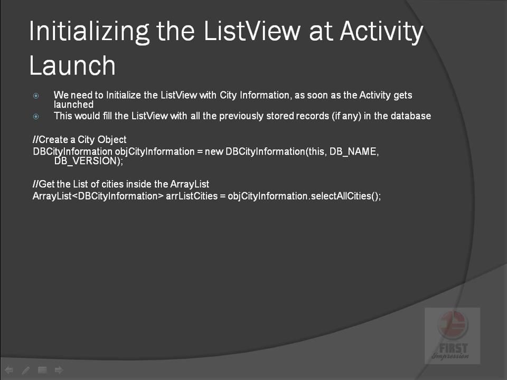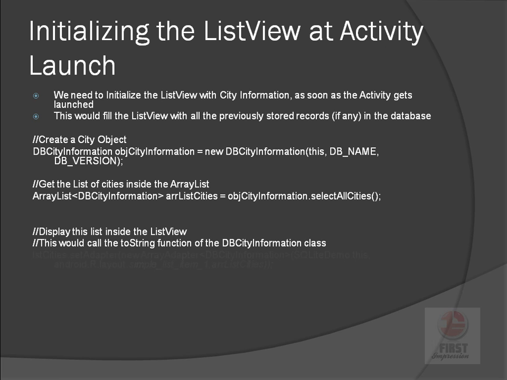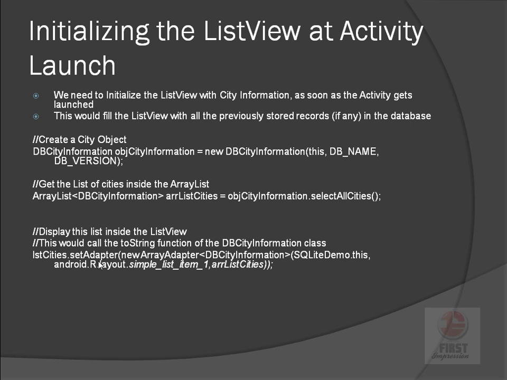Now we will make the adapter of the list view to this array list by saying lstCities.setAdapter(new ArrayAdapter). This array adapter is not of string. This array adapter is of DBCityInformation. The first argument is the context. In our case, this will be MainActivity.this.